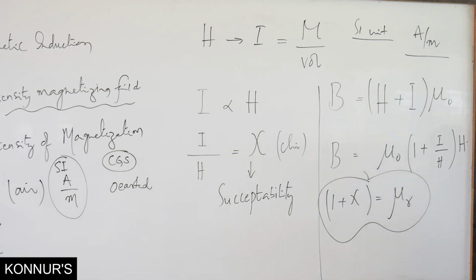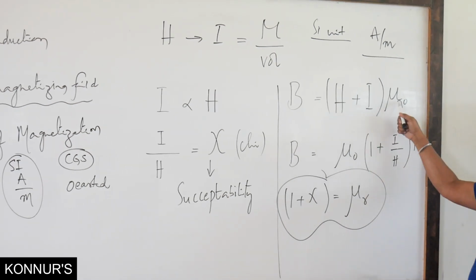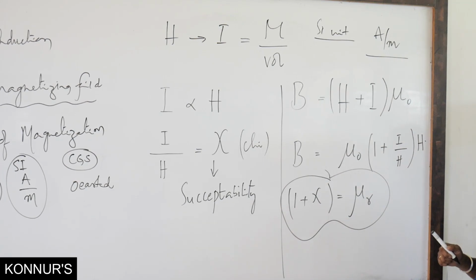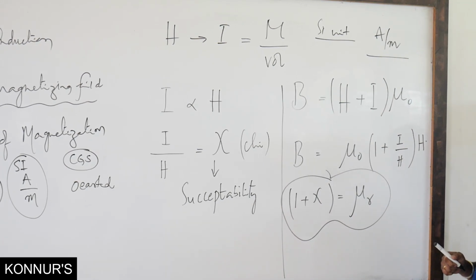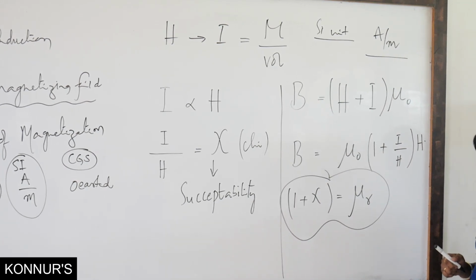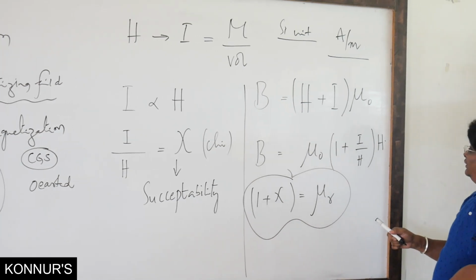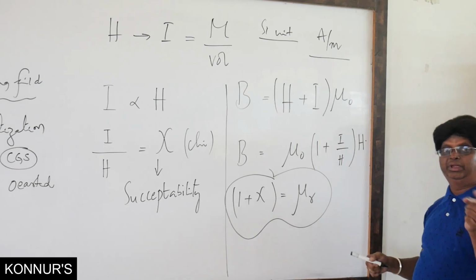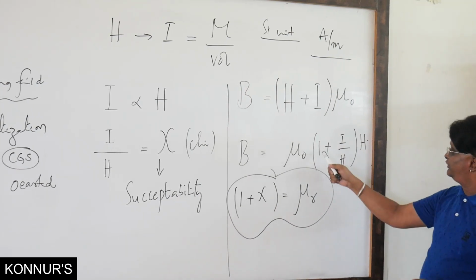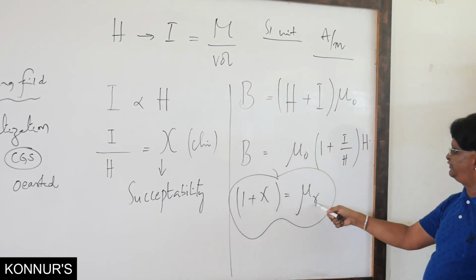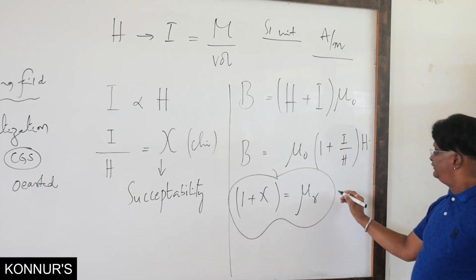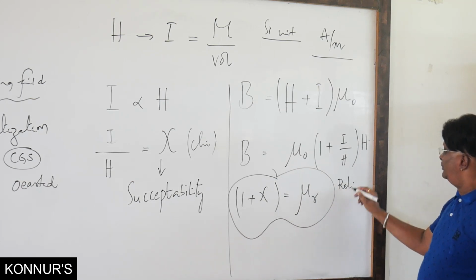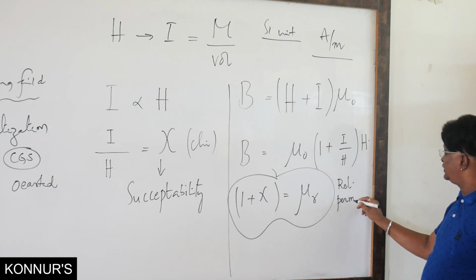To remove a small misconception, see here I have taken it as mu naught. When we use a magnetic material to get magnetized, we get this I by H, and that I happens to be inside the material. Therefore this 1 plus I by H is what is taken to be mu r, the relative permeability.